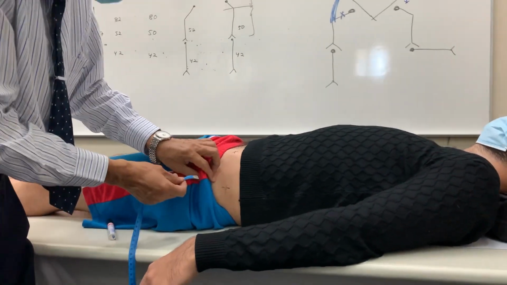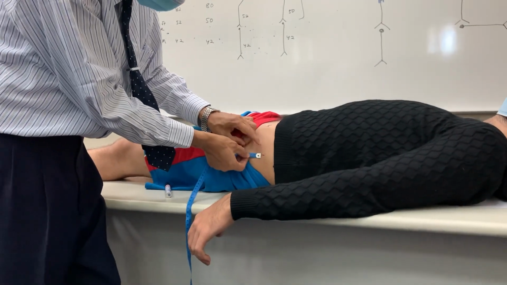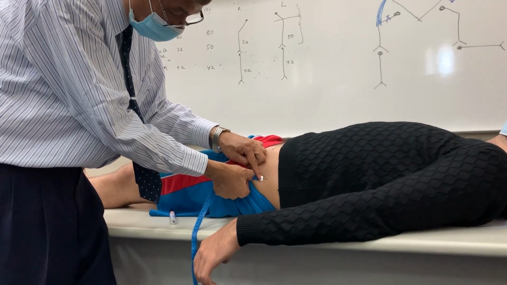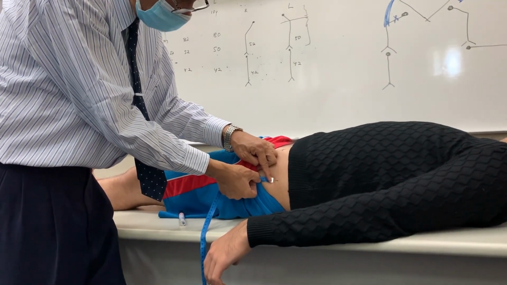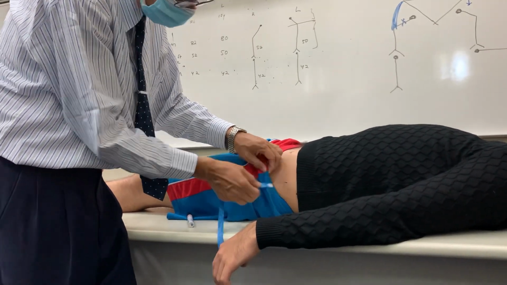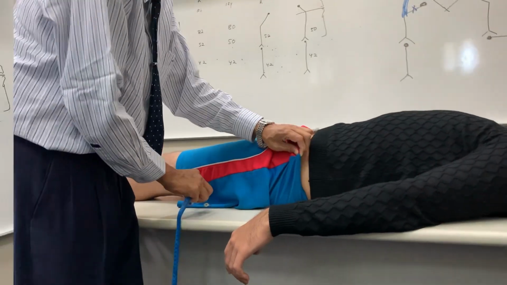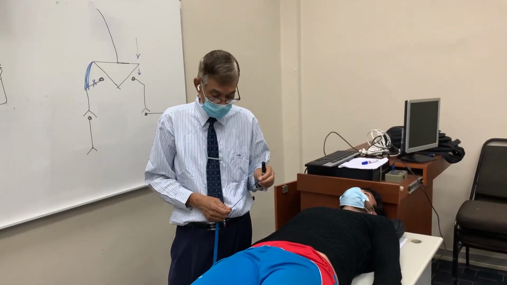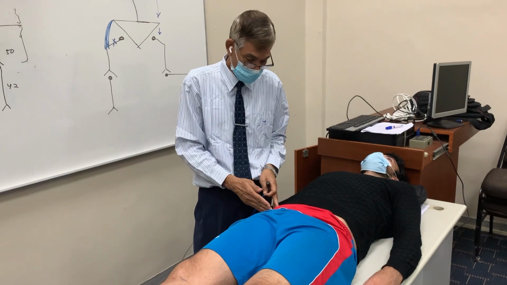You have to measure between the intersection point and the tip of the greater trochanter. Here, roughly 3 centimeters on the disease side. Yes, Bryant's triangle has to be done on both sides.